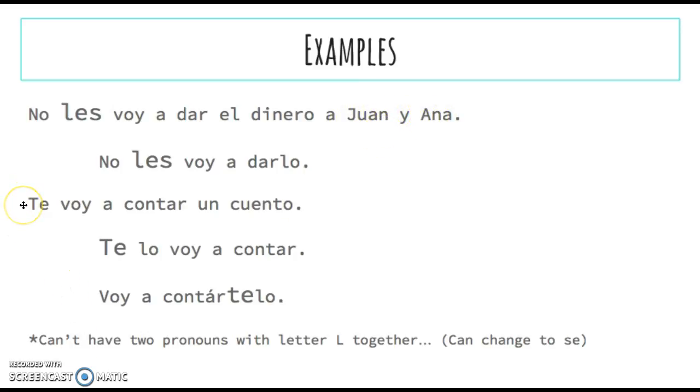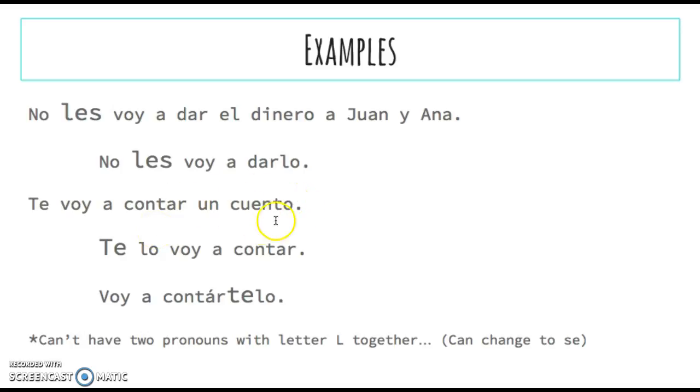Another example. Te voy a contar un cuento. Here again is that ir a infinitive. I'm going to tell you a story. All right. So here our main verb is contar, which means to count or tell.